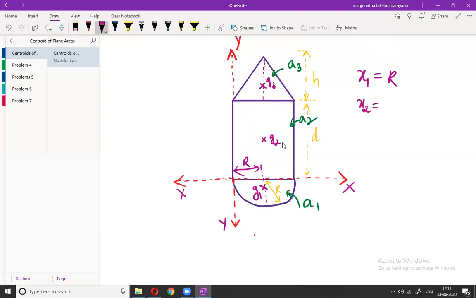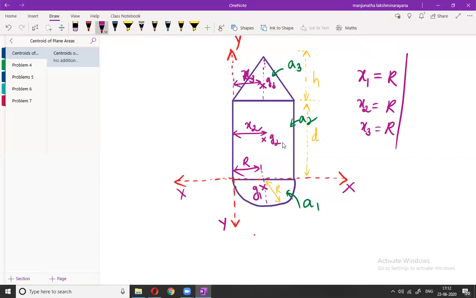X2 is the distance of centroid G2 from the y-axis, and x2 is also equal to r, because the dimension of this will be equal to 2r, therefore half of it will be equal to r. And once again, the distance of G3 from the y-axis is also r, and that's nothing but x3. Therefore x3 is equal to r.